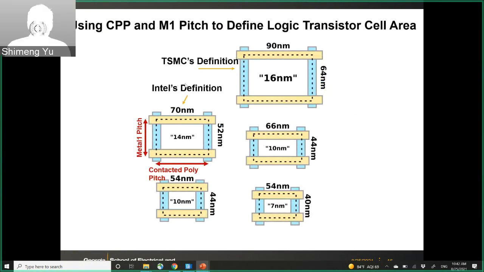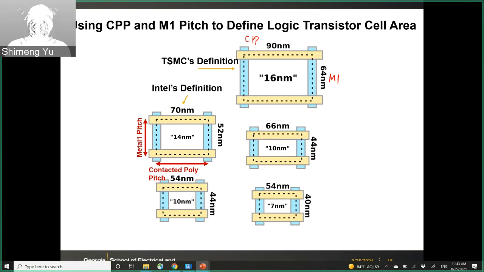All right, so then if you use the CPP or CGP and M1 pitch to define the logic transistor cell area, this is what you will have. So in the 16 nanometer node, by TSMC's definition, the CPP or CGP is 90 nanometer and M1 pitch is 64. And then different companies will have their own definition, okay?